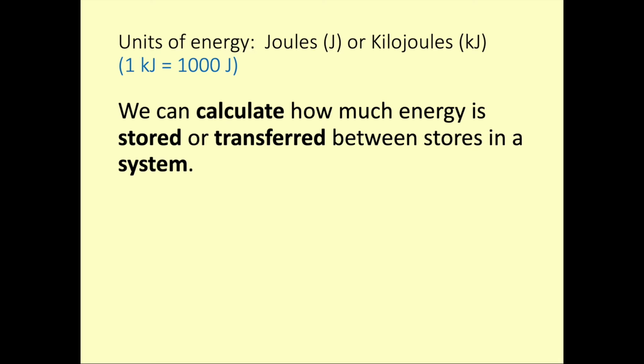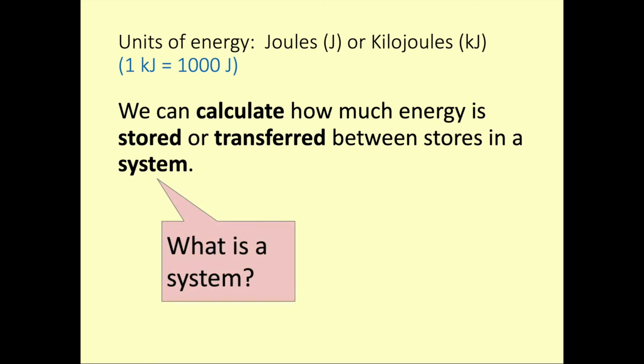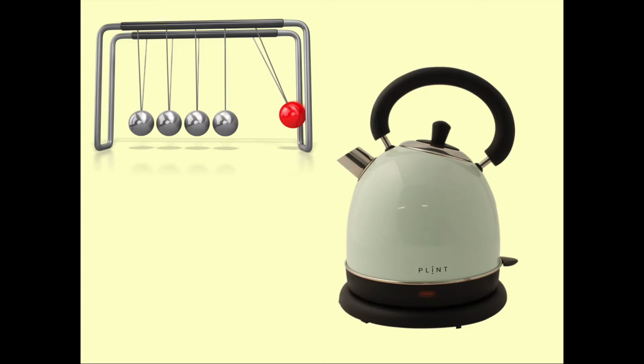We need to be careful here about defining what we mean by systems, because we have different types of systems. These are examples of simple systems. In the top left, we've got a Newton's cradle. You pull one of the balls back and let it go forward, and it sends the other balls knocking into each other, and it works back and forth in a pendulum motion.